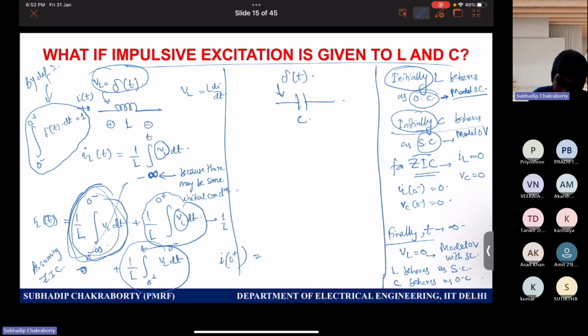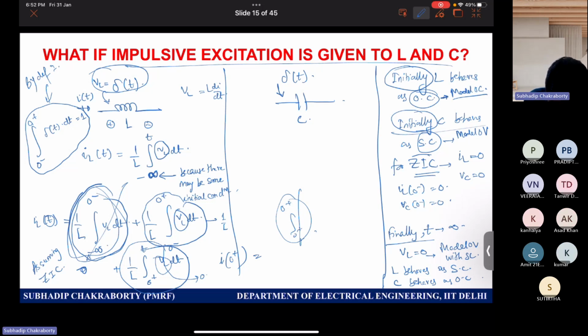So if I write I 0 plus, then this should be 0. Because integration of 0 plus to 0 plus will be 0, right? But if it was not I of 0 plus, then it would have been the function, whatever is the function. But that function was also 0. So it will be 0 in any case, right? So you are correct. So 1 by L, right?